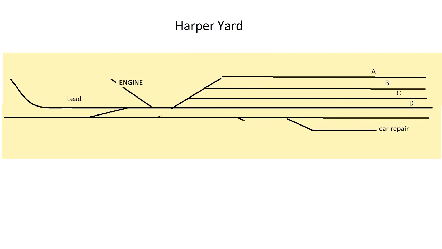And the other element of a yard, as you're planning, is you want to have a lead. That's a track with no cars being stored on it. As I said, sidings are for passing. Yards, you temporarily store cars. But even in yards, they're always dynamic. You're moving cars coming and going.